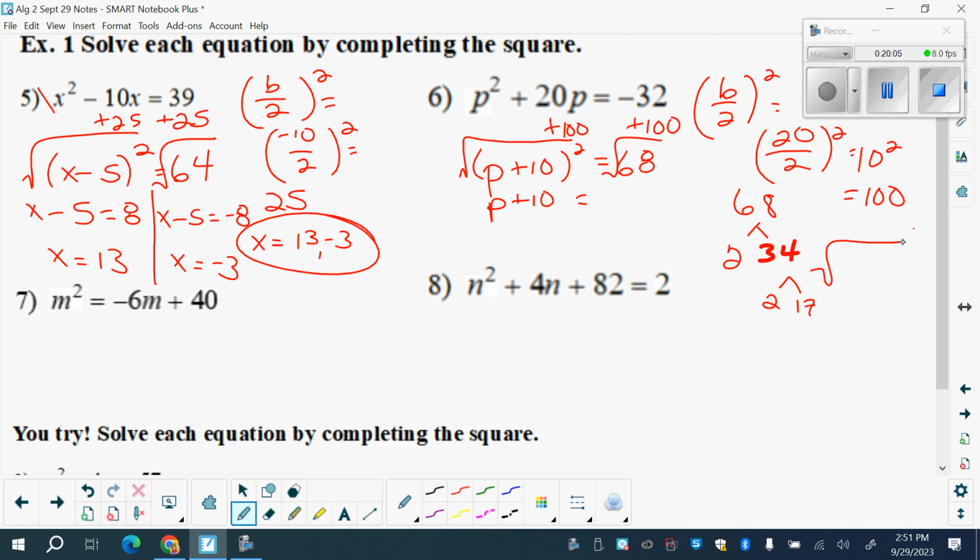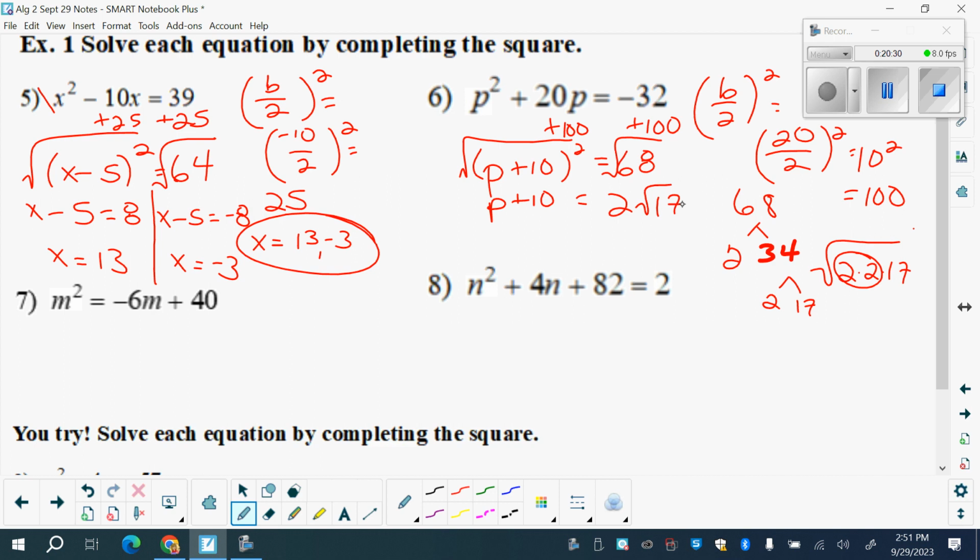I just didn't rewrite it there, but it's p squared plus 20p plus 100. So then we get on this one 2 times 2 times 17. How does that simplify? Alina, how does that simplify? It would be 2 and then square root 17.